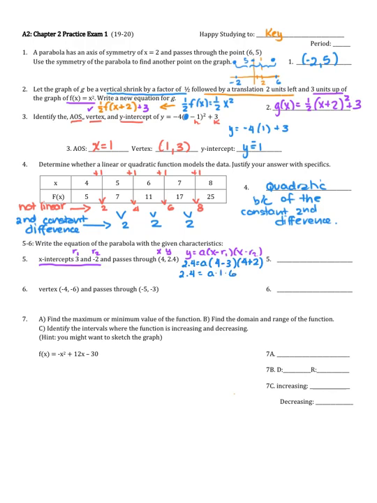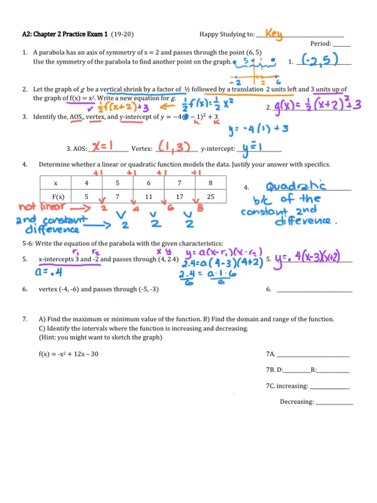So 2.4 divided by 6 is going to give us a equals 0.4. And then we plug it all back together. So we have y equals 0.4 times (x minus 3) times (x plus 2). Make sure you have an x and a y in your final answer, but all other variables should be filled in.